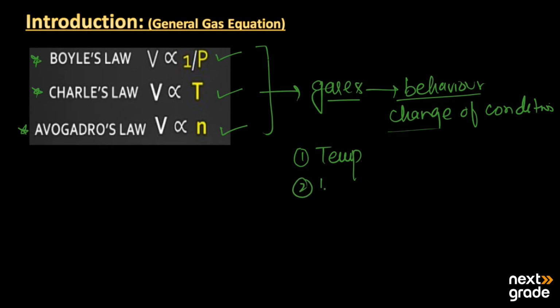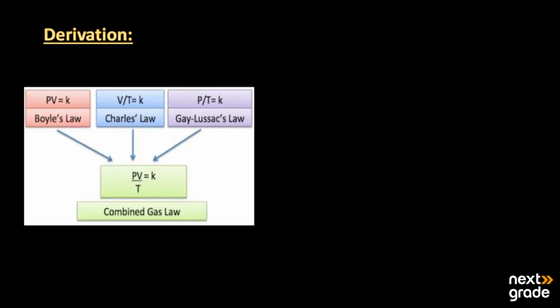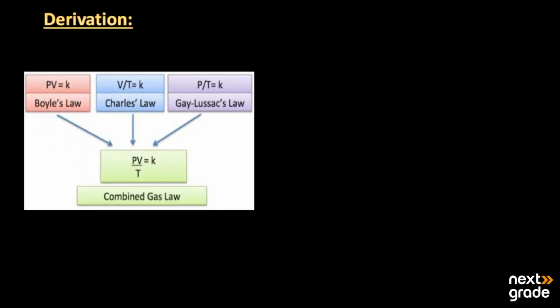Two, we can change the pressure. Third, we can change the number of moles, or the amount of the gas. All these three variables in turn affect the volume of the gas. So scientists tried to put it into a single equation. That equation is known as the general gas equation. So let's have a look at its derivation, how we can derive the equation.